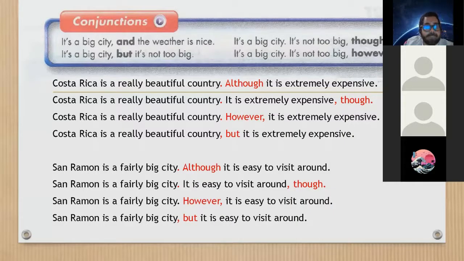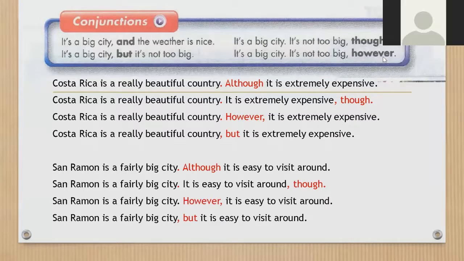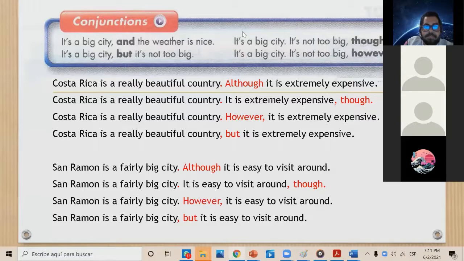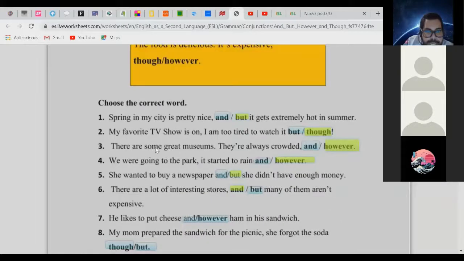Remember, yes, Ali? ¿Por qué en la 5 de ese ejercicio no se pone la coma antes de but? She wanted to buy a newspaper and she didn't have enough money. Supongo, Ali, te voy a dar la respuesta que creo que es, porque no estoy seguro, porque no hice el ejercicio.